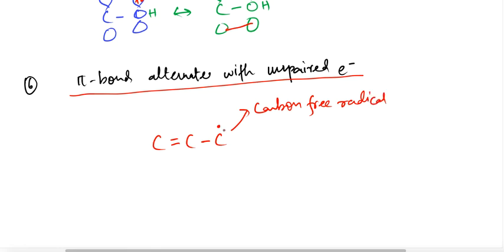So here also resonance takes place, and if you have to draw the resonating structure, you will just do this homolytic breaking of this pi bond. So you will get C, C, one electron here, one electron here, one electron here, and these two electrons will form a pi bond.